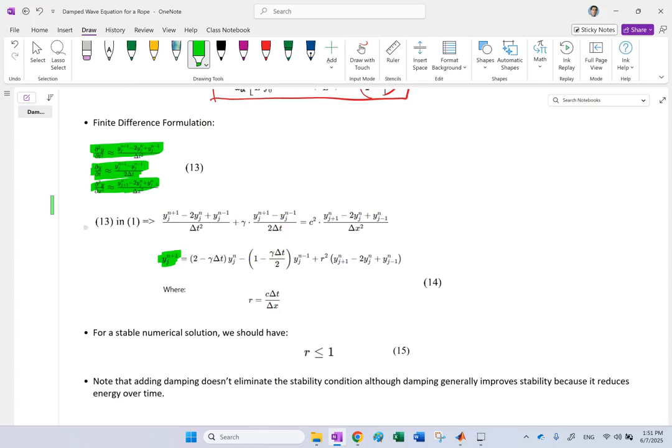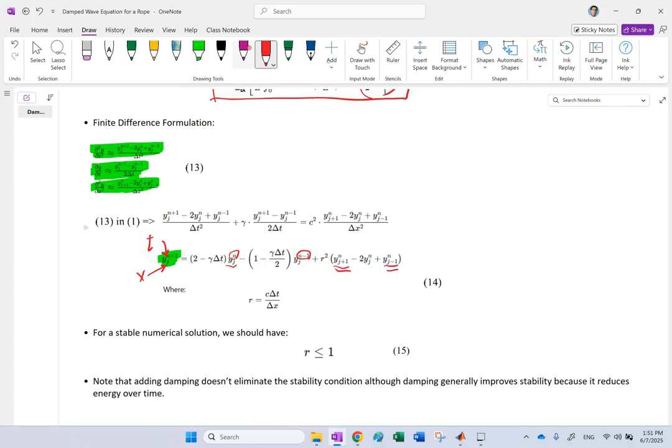Here n corresponds to time and j corresponds to the location. So at node j and time n plus 1, you can solve it based on that node at the current and previous time points, and of course the neighboring nodes, the one right before it and the one after it.